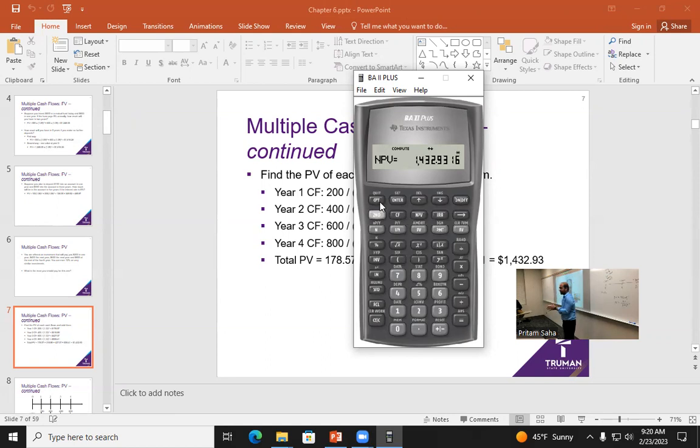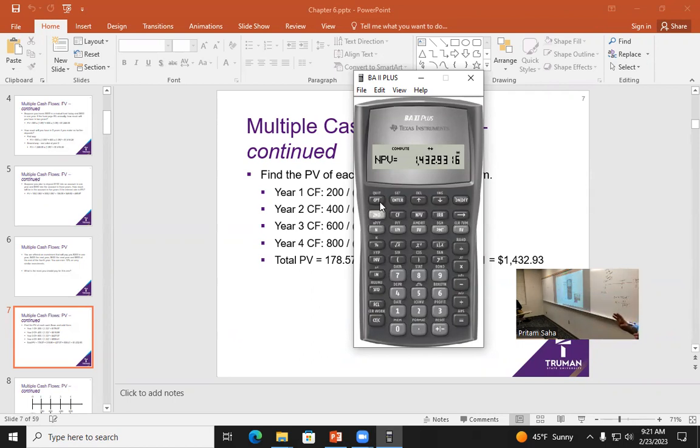If you go to the cash flow, input the cash flows manually one by one, compute NPV, it will ask for the rate of return, scroll down, complete. It's just going to save a lot of time. We don't need to calculate the present value of each of these four. This is a good function when you have multiple cash flows that are not the same, right?